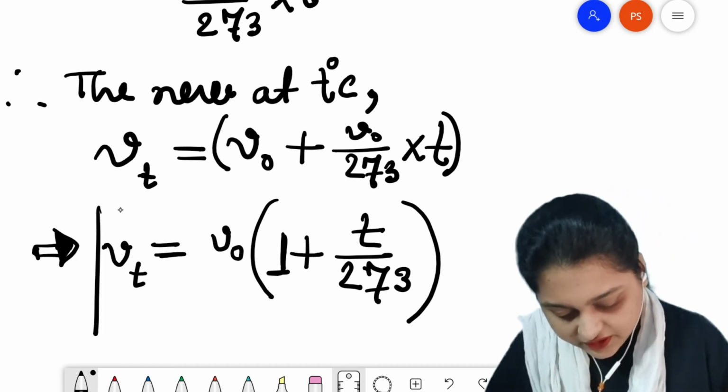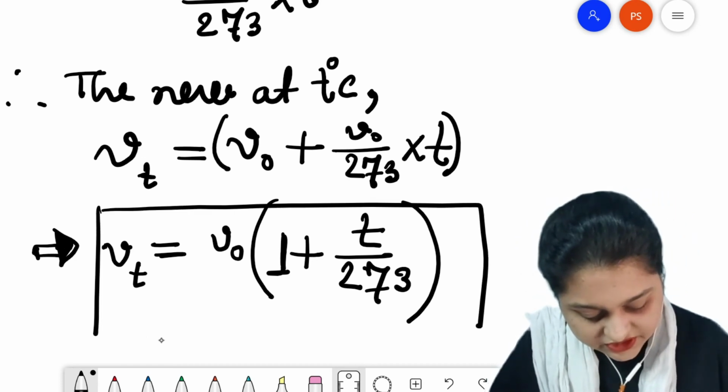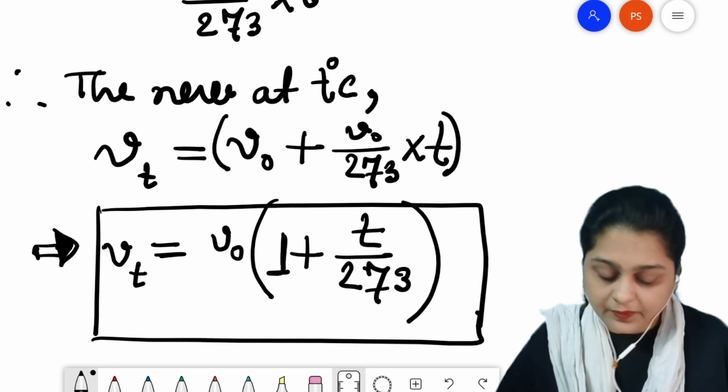When T degree Celsius temperature is raised, this is the expression.